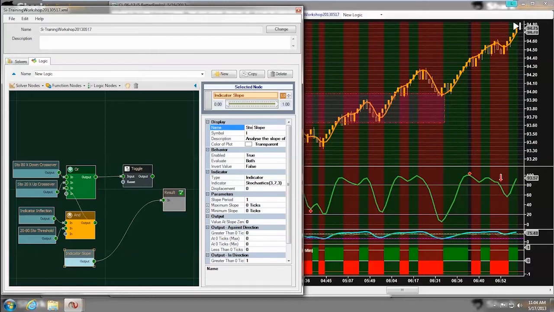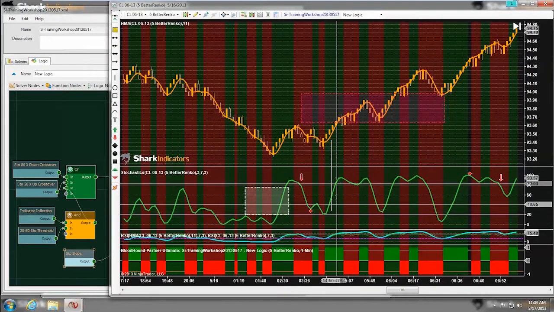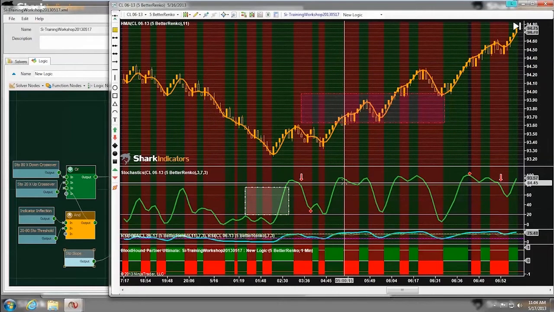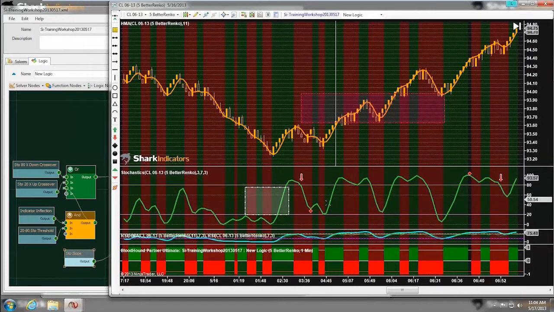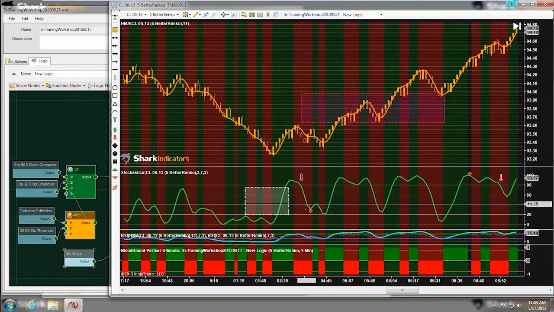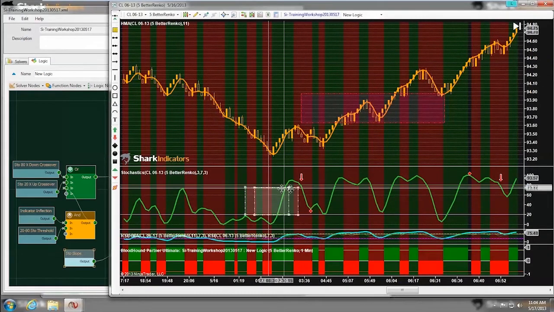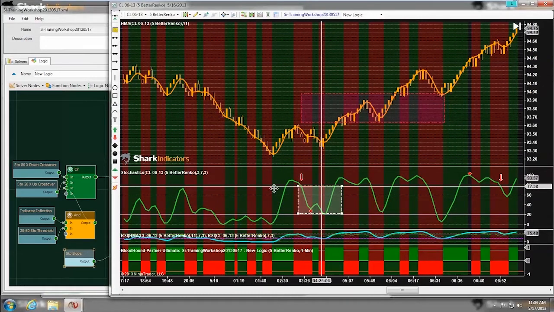All right, name this solver, and so there we go. Pretty simple enough. When the stochastic is sloping up, we get a long output. When it slopes down, short output. Okay, so now we need to constrain this slope condition to within our no man's land here, to within this area.